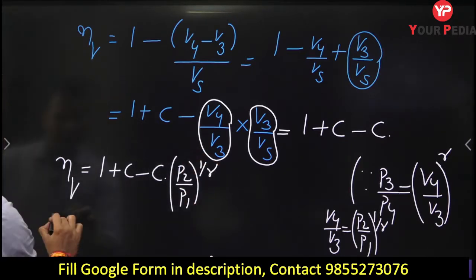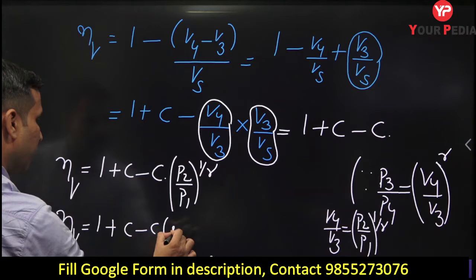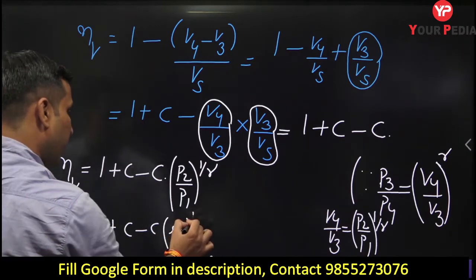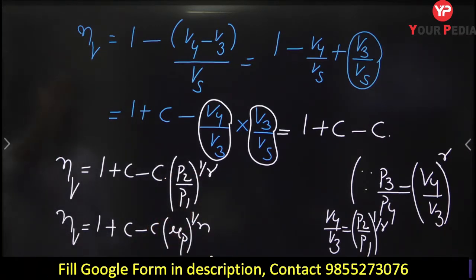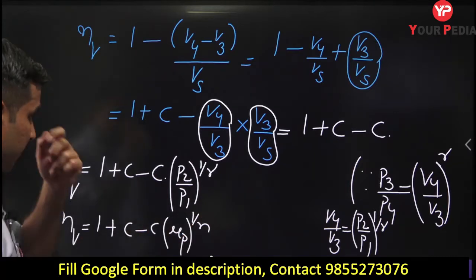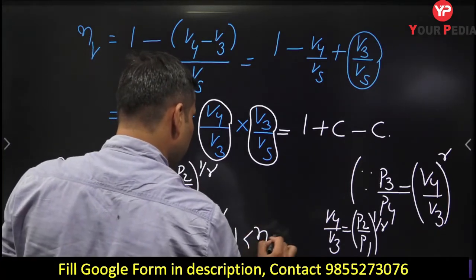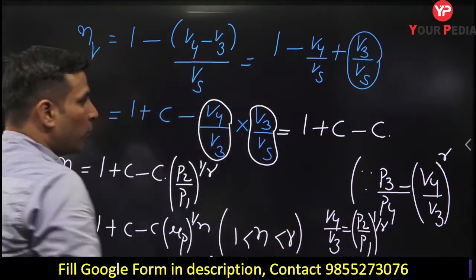Okay, or you can write it like this also, volumetric efficiency is equal to 1 plus C minus C into RP, pressure ratio की power 1 by N, if there is a polytropic compression or expansion. Okay, for the range of N greater than 1 less than gamma, polytropic compression.